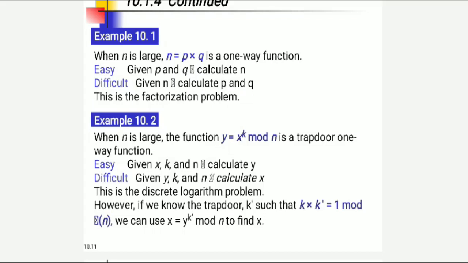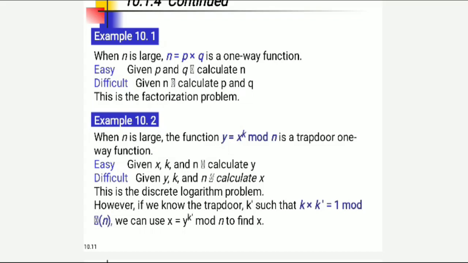The next example of a one-way trapdoor function is this: when n is large, the function y equals x to the power k mod n is a trapdoor one-way function. If we are given x, k and n, then we can find the value of y. It is the direct function, but when it comes to calculating the inverse, like when we are given y, k and n and we have to calculate x, it is a very difficult task.